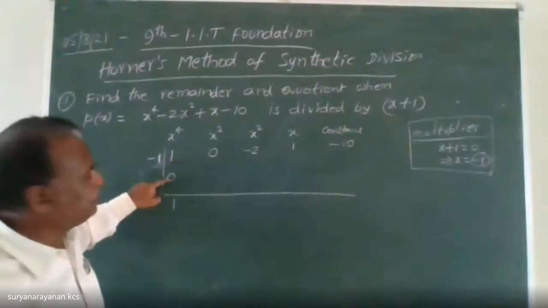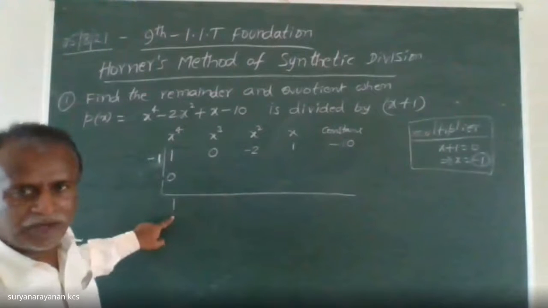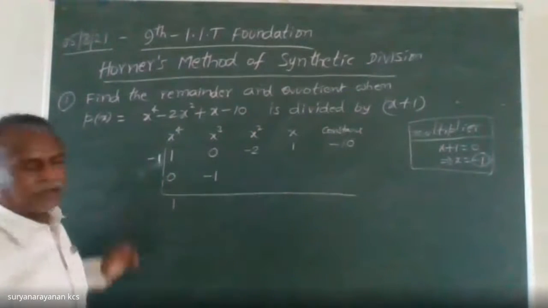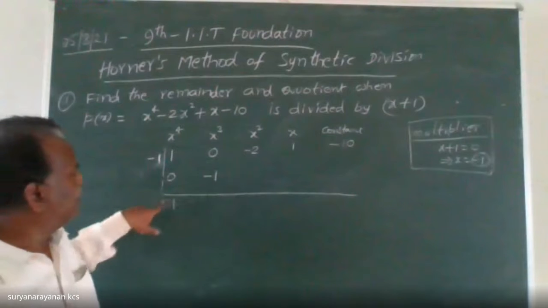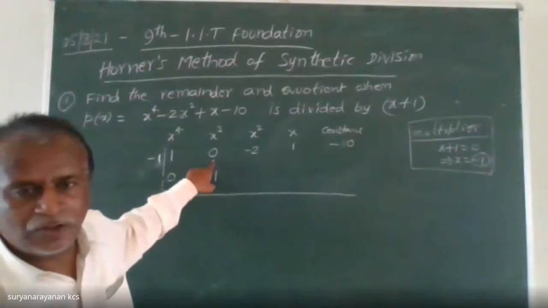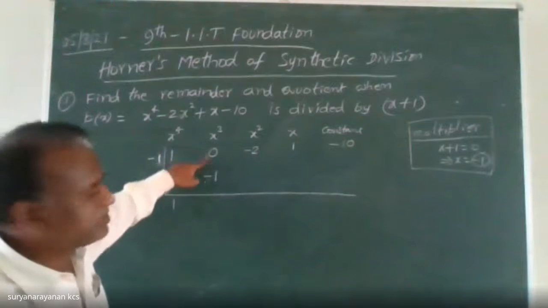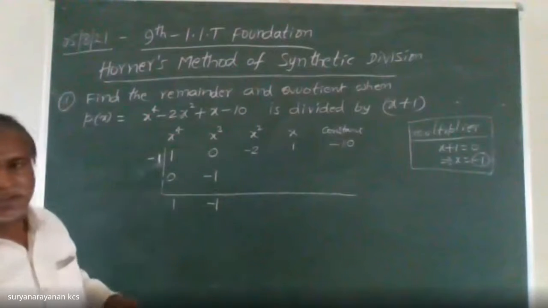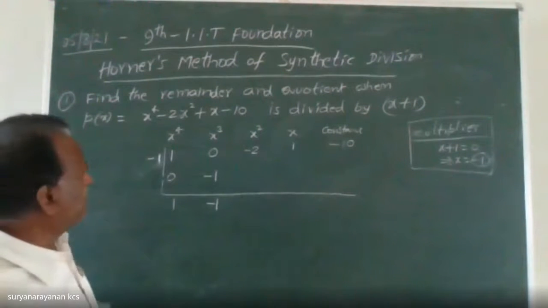After simplifying these two numbers, we must multiply this number with the multiplier. 1 into minus 1, minus 1. Write that result just below the second number. 0 minus 1, what will you get? Minus 1.